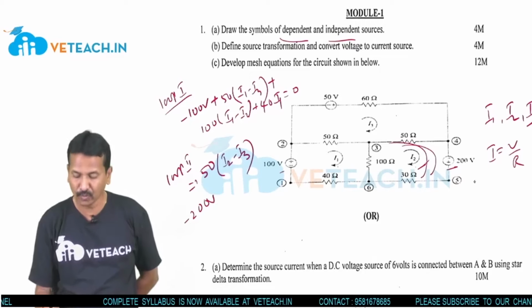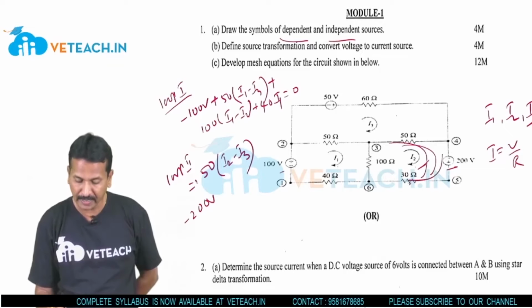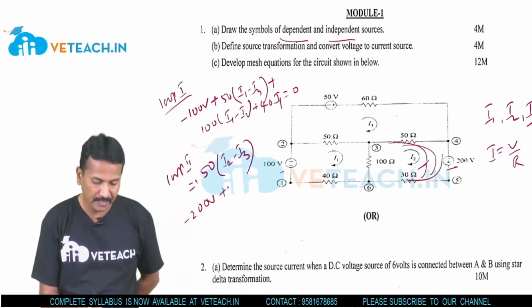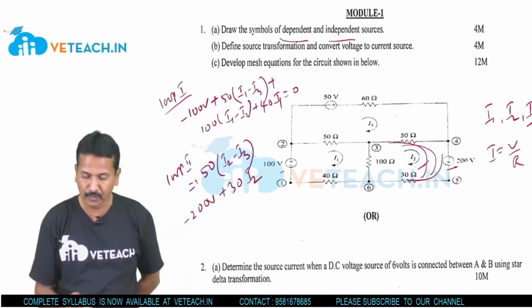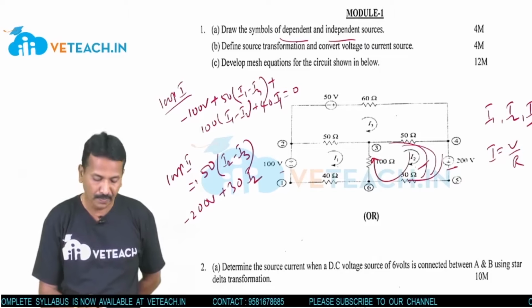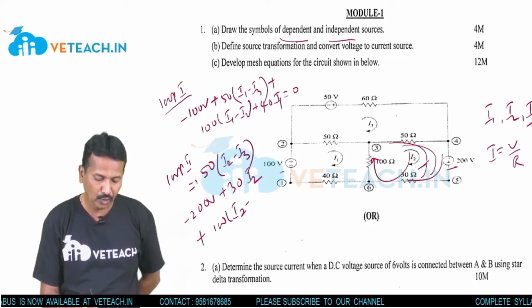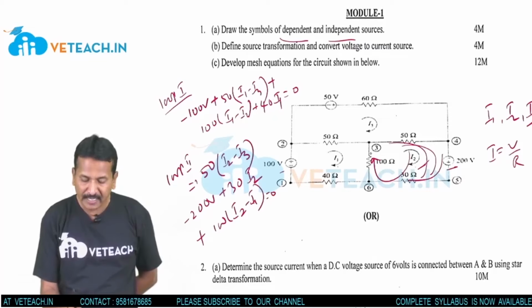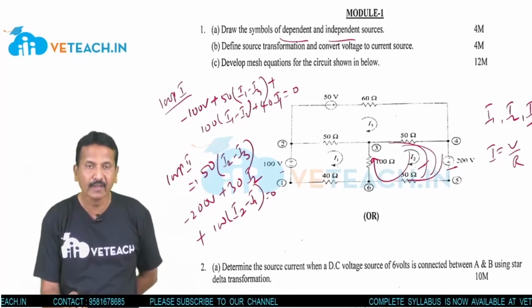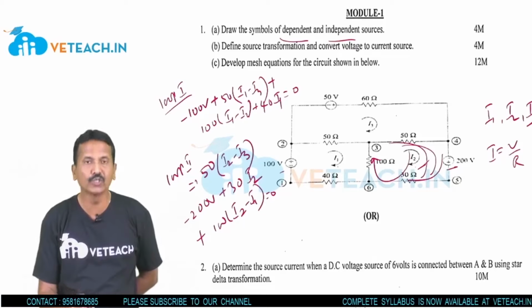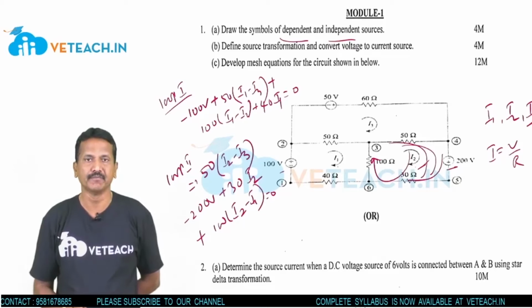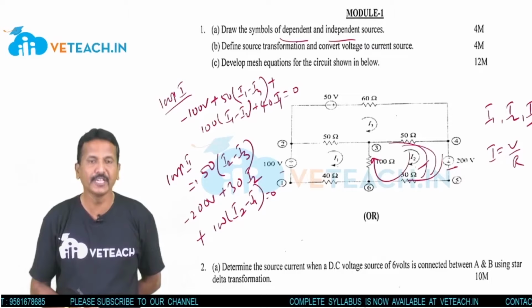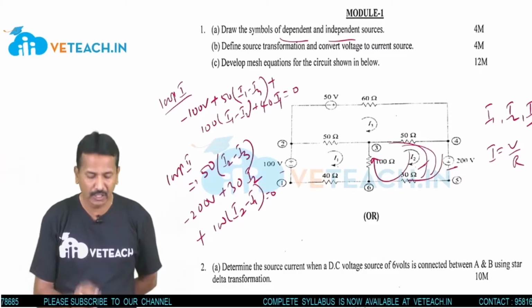Here 30 is there, so plus 30 into I2. Moving up, plus 100 into I2 minus I1 is equal to 0. Step by step, you have to mention what branches are there and which current is flowing across each one, including those in between the loops. So this is loop equation 2, equal to 0.